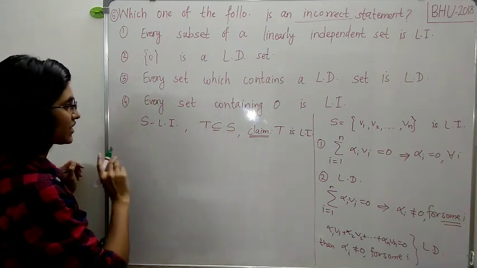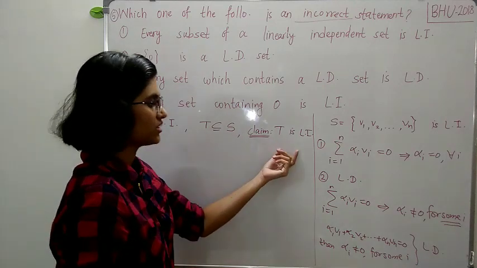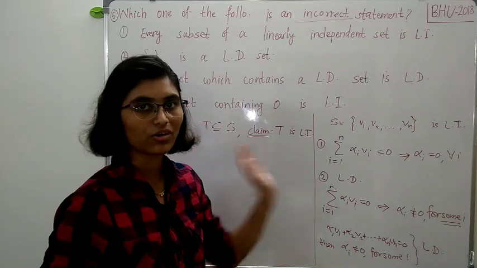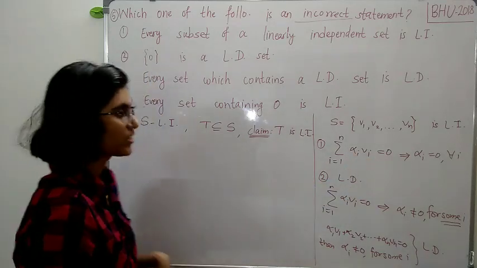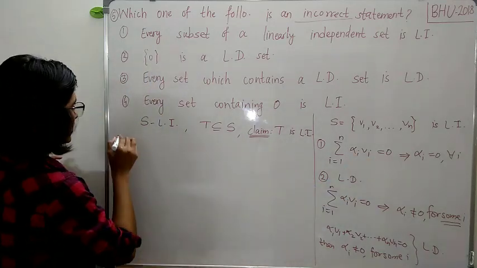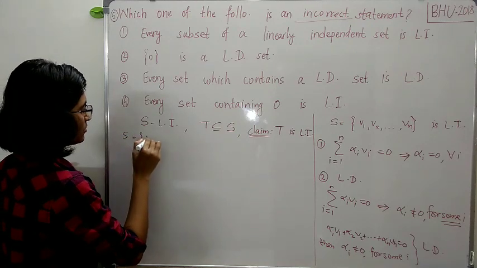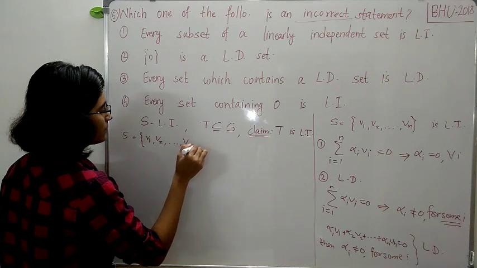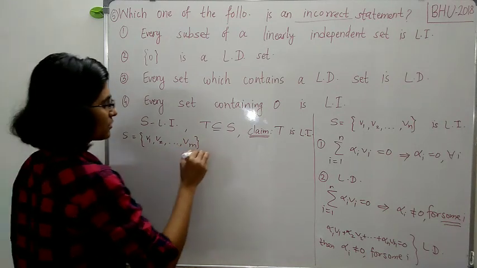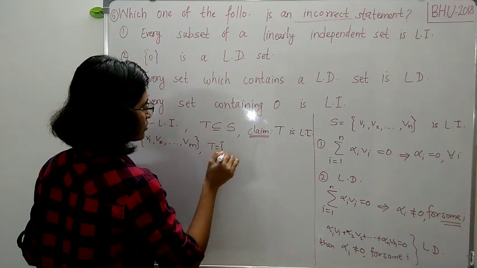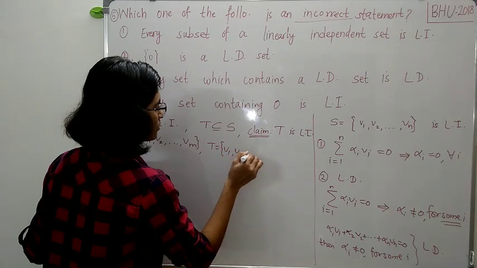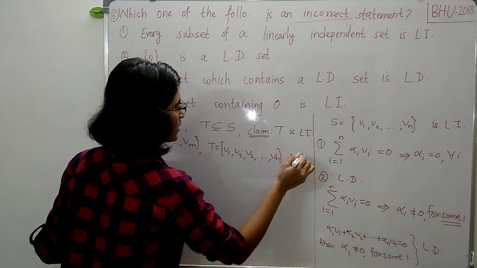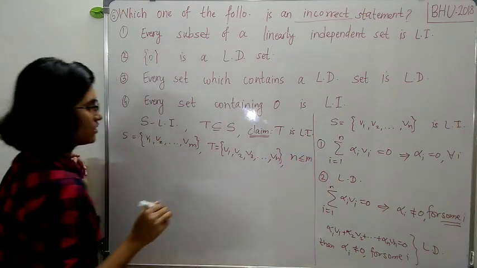Now the definition of linearly independent set means what? You take a linear combination equal to 0 and show that all the alpha i's, the scalars, are 0. So let me first write this set as S equal to some elements v1, v2, up to vm, and T is a subset of S, so T is equal to, say, v1, v2, v3 and so on up to vn, where this n is less than or equal to m.